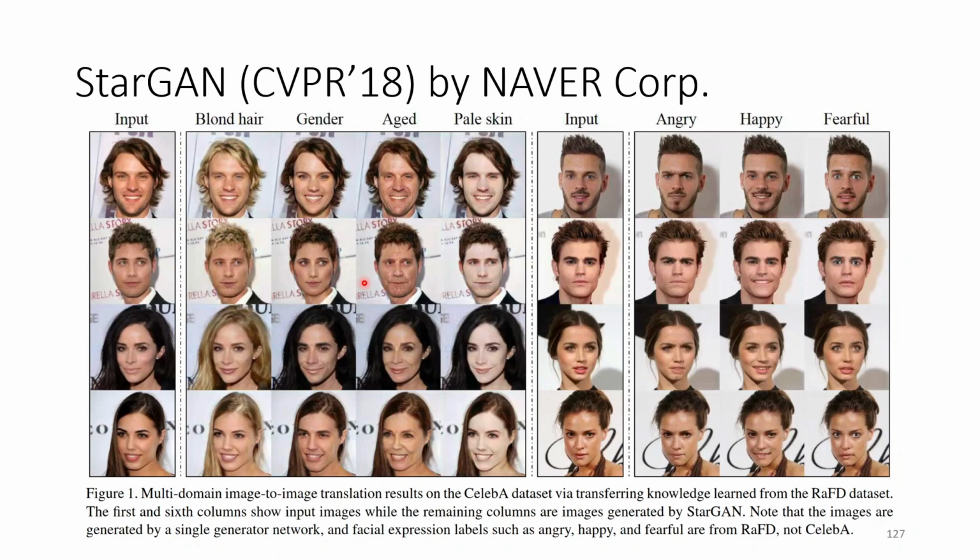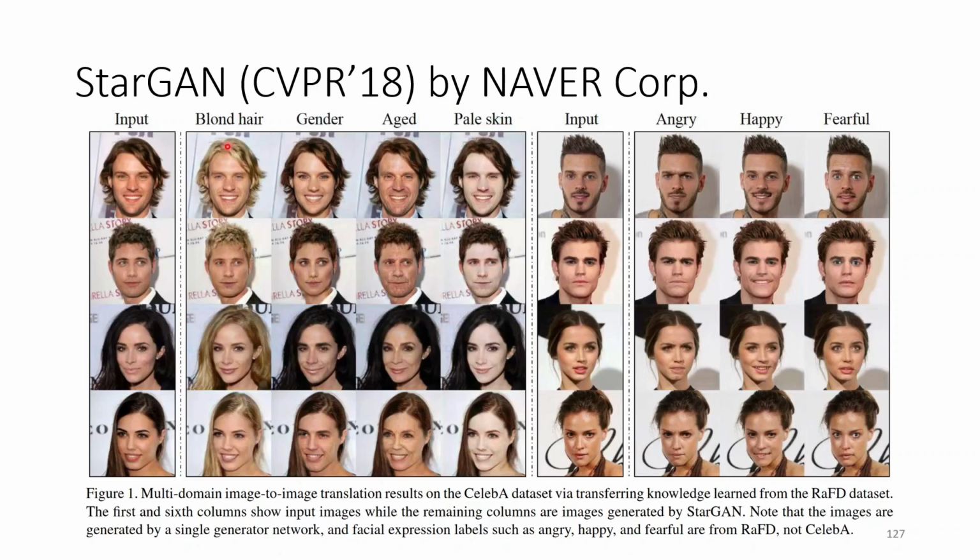And 2 years later, there is a GAN method called StarGAN. This is the conditional GAN. So this is the input, and this is the first condition. And the second, there is a label: blonde hair, gender means male or female, aged or not aged, and pale skin or not. So you have 4 options.